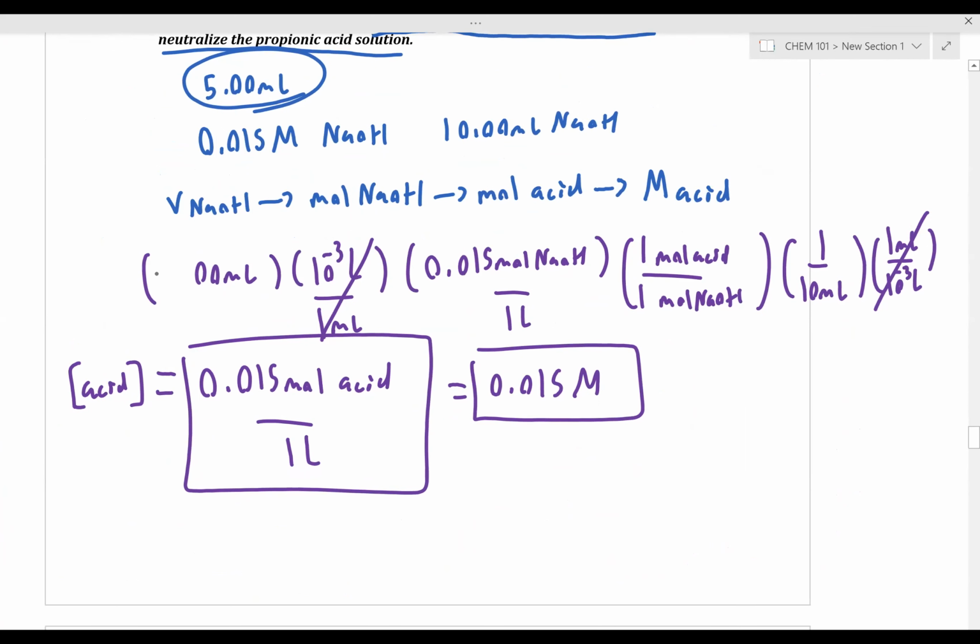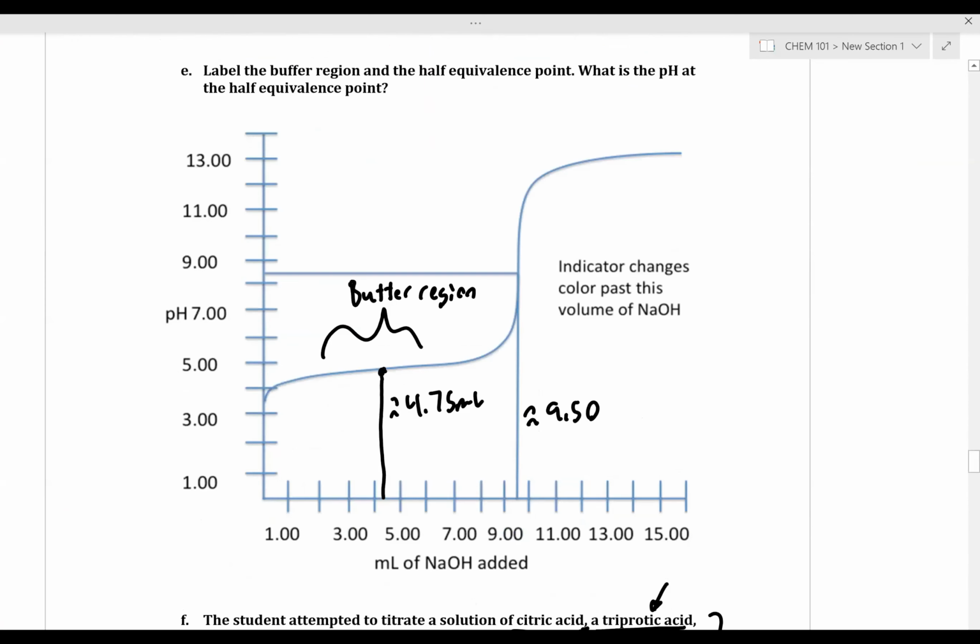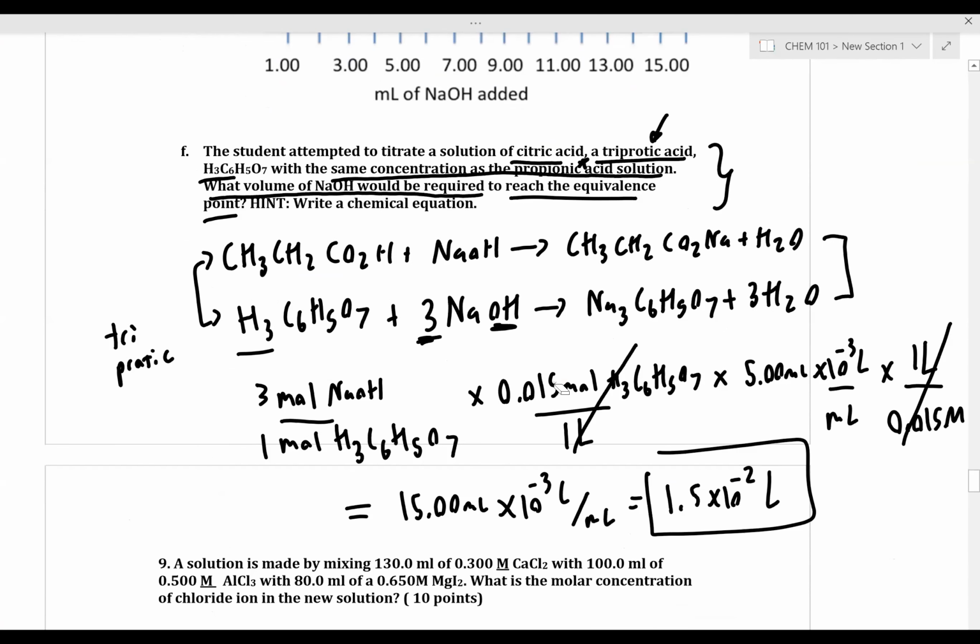This should be 5. So then this should be 0.075 and 0.075 molar. So let's adjust that. So these molarities are not the same, so let's punch that into our calculator really quickly.